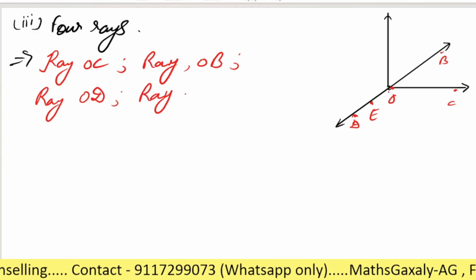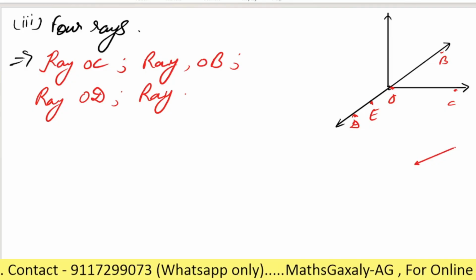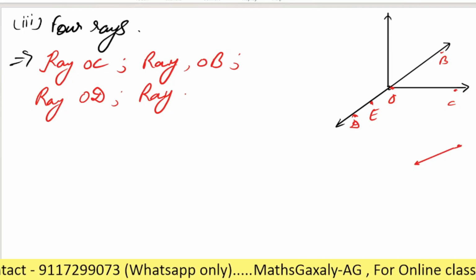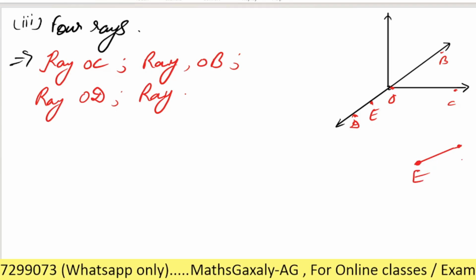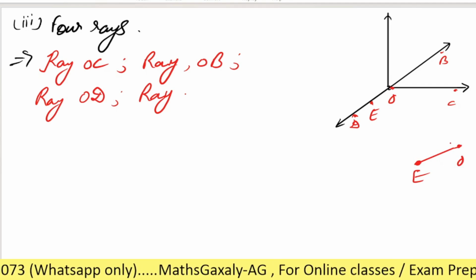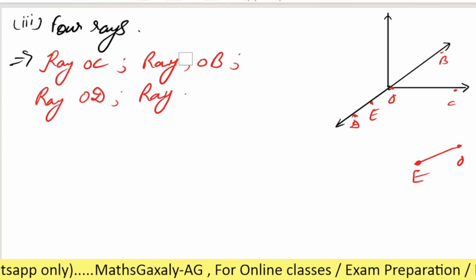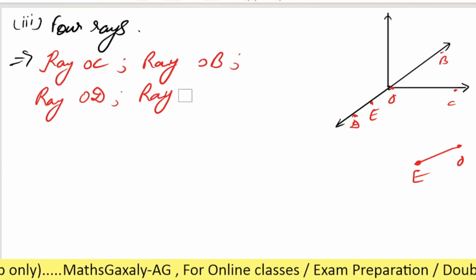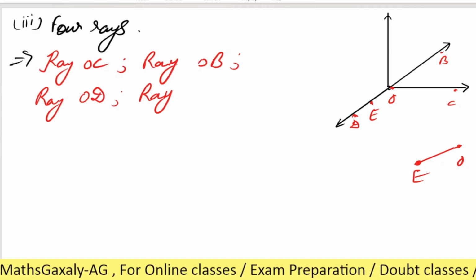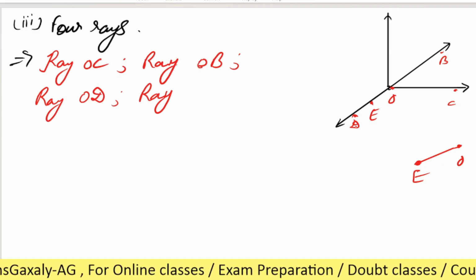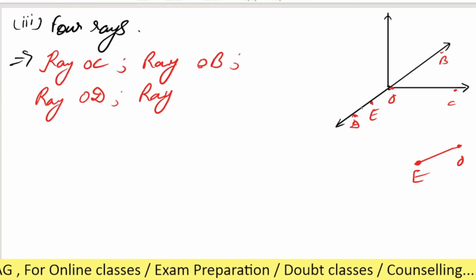No, no. How can we take OE? If we take OE, it will be like this: this side E and this side O. So it will have two endpoints, right? But we have to take the one which has one endpoint. So instead of OE, can we take DE?